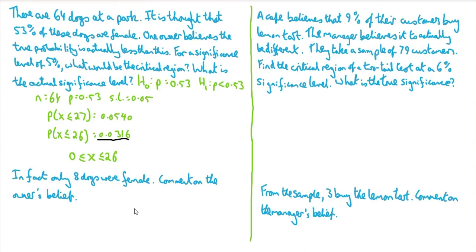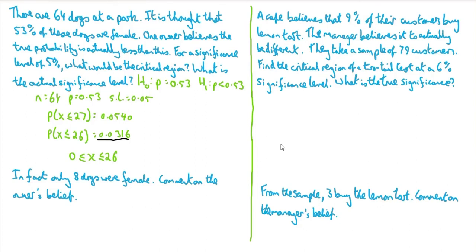Okay. Now if we just go with that, we'll just have one final example. Again, I'd just like to see how you can get along with this on your own, thinking about what we just did with the critical region, as well as thinking what we had to do with a two-tailed test last time. So a cafe believes that 9% of their customers buy lemon tart. The manager believes it to actually be different. They take a sample of 79 customers.